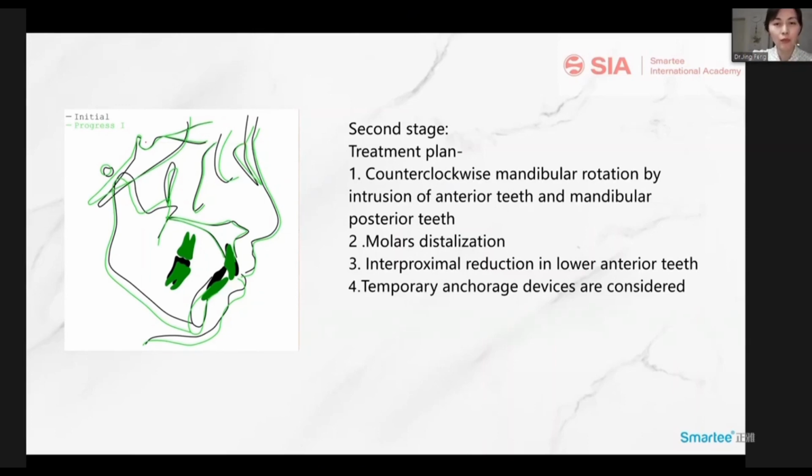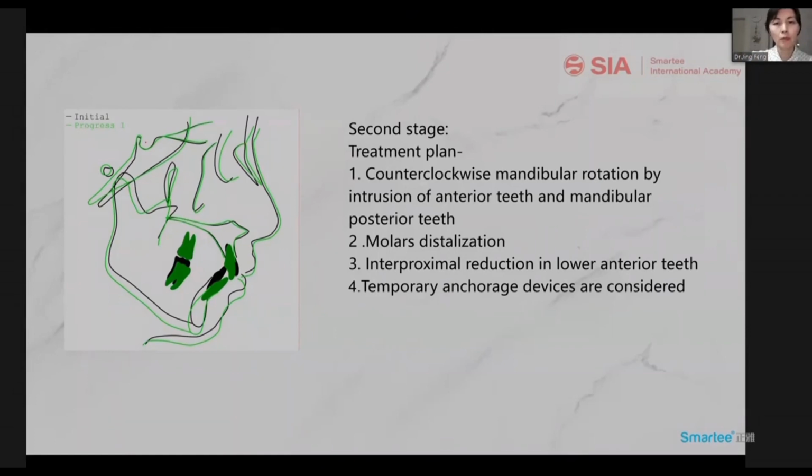So we have to do more distalization of the molars and maybe more IPRs to upright the lower incisors and make counterclockwise mandibular rotation by intrusion of anterior teeth and mandibular posterior teeth.